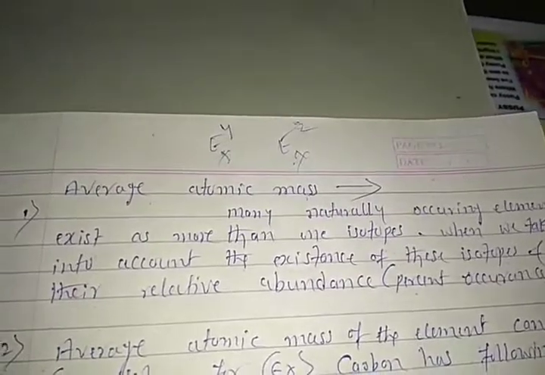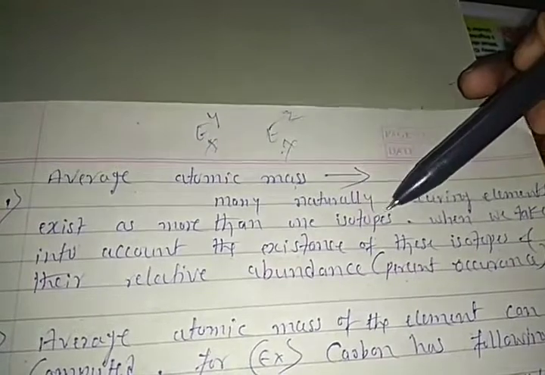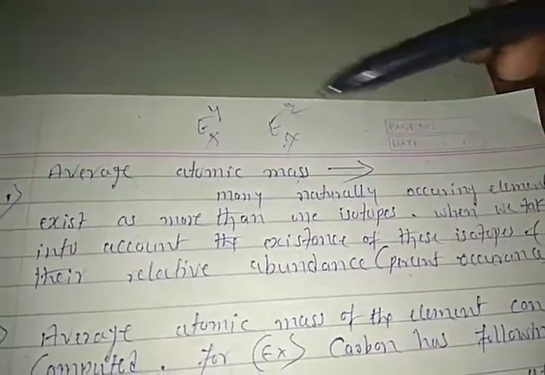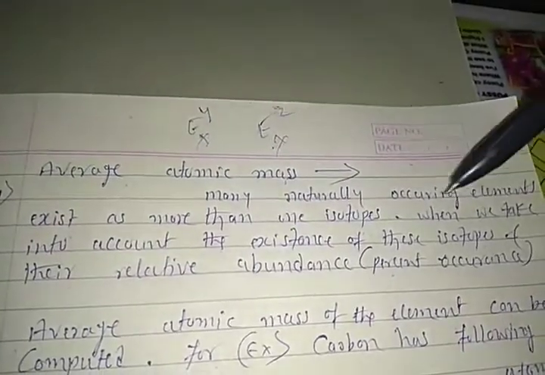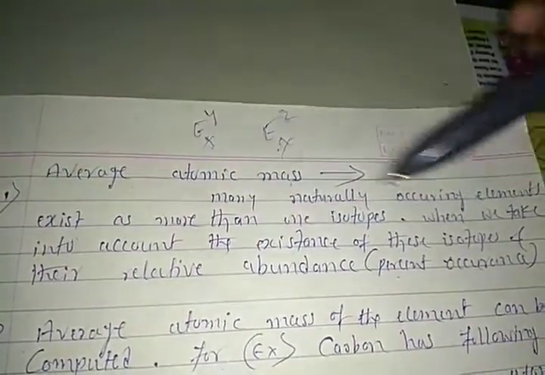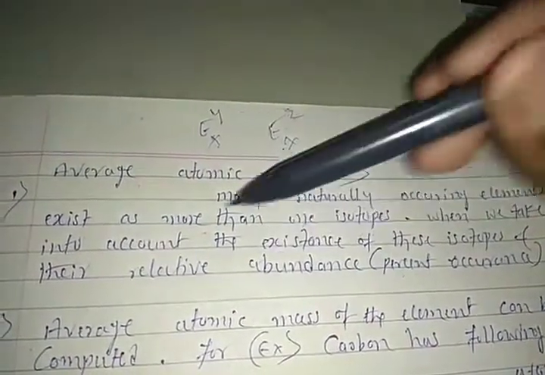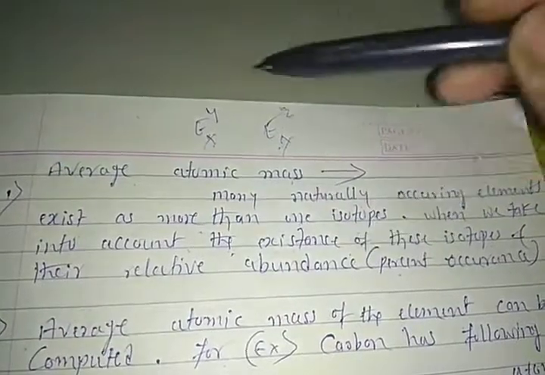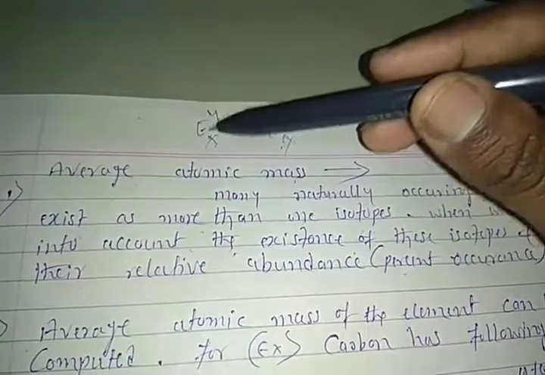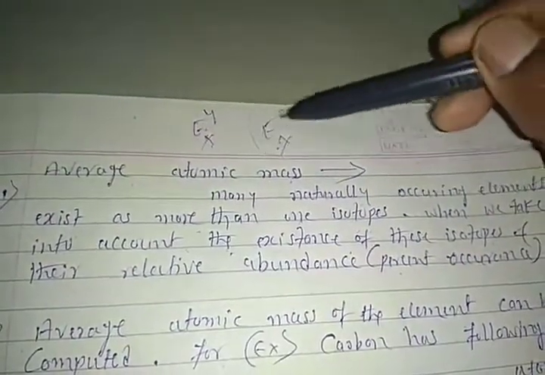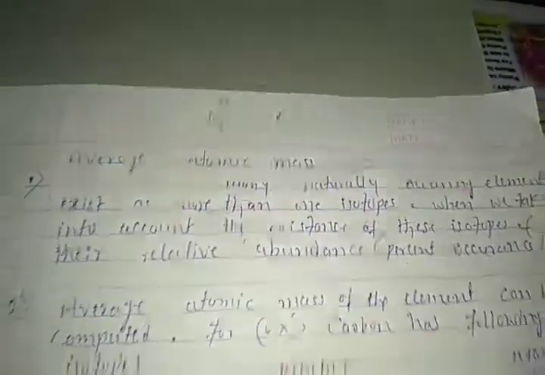If one element is available in more than one isotope form, how do we get its atomic mass? So they use how much percentage is available, the relative abundance: how much percentage of the first element exists in the atmosphere, and how much percentage of the second element exists in the atmosphere.